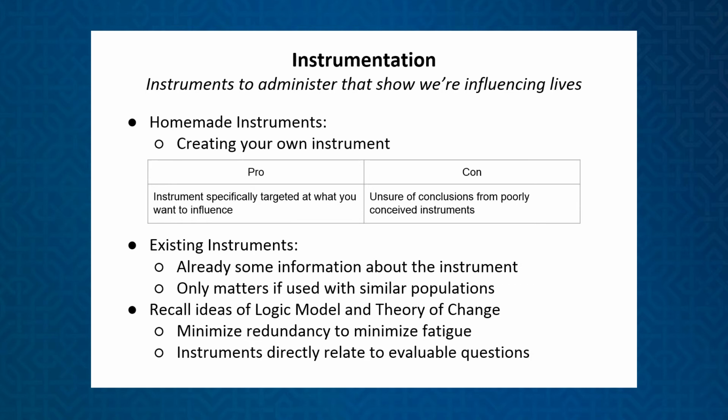Or, let's just say it were written in English and you had a monolingual Spanish speaker take it. The instrument didn't change, but the relationship between the person and the instrument did, so the scores will mean something different, right? So even if you use existing instruments, it's good that there might be information about them, but you've got to make sure that information is relevant to what you're trying to accomplish.